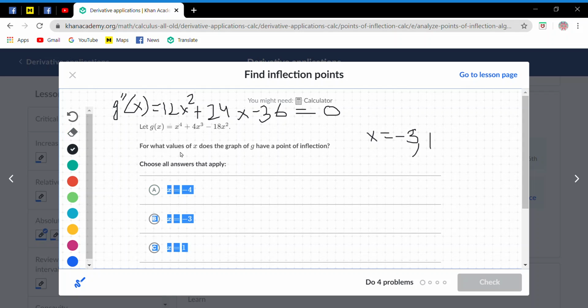So let's see now. Let's make a number line with 0, 1 and negative 3. We have to choose a value between these points. Let's pick 0.5.